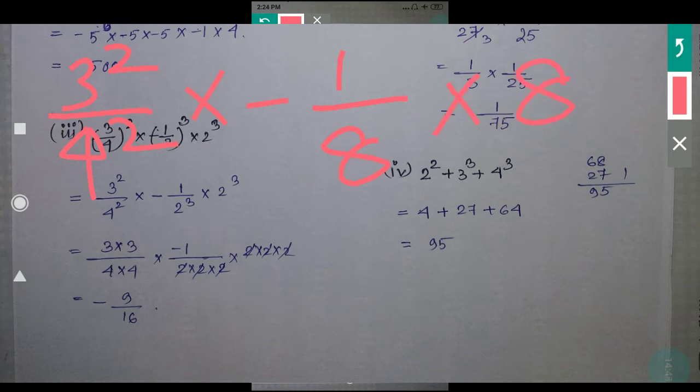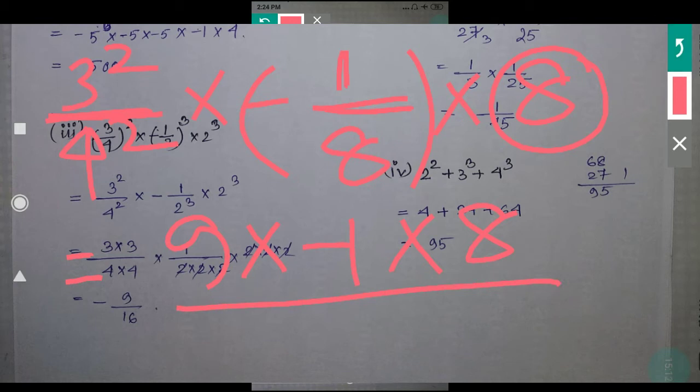Now see here, this is 1 by 8 into, this is multiplication, minus 1 by 8 into 8 is there. Now I can write all this in the numerator. So 3 square means 9, into minus 1, into 8. Multiplication of 8 is there, means 8 by 1, so 8 is in the numerator.